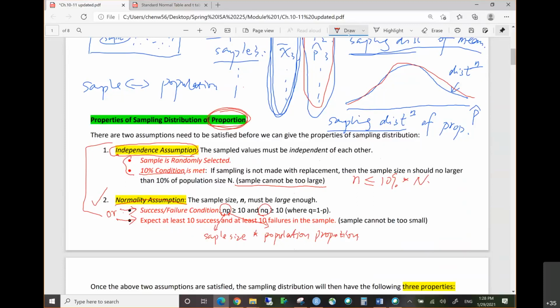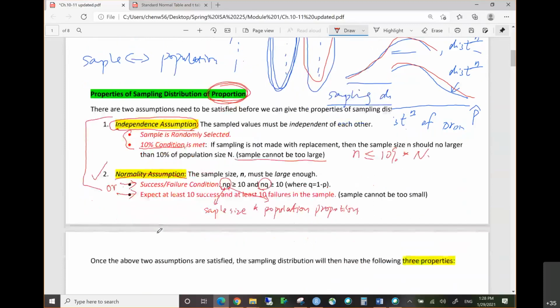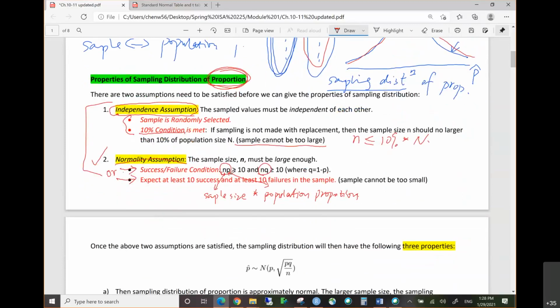Why do we have another option? Because sometimes p, the population proportion, is unknown or not given to you. Then you may not be able to use this option to check the normality assumption. Instead, you will use this option.